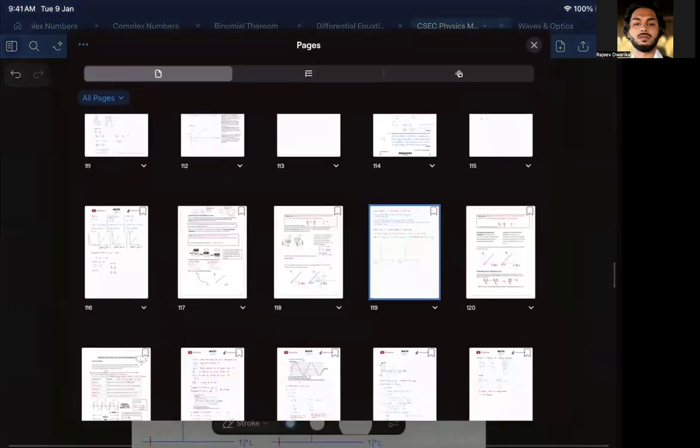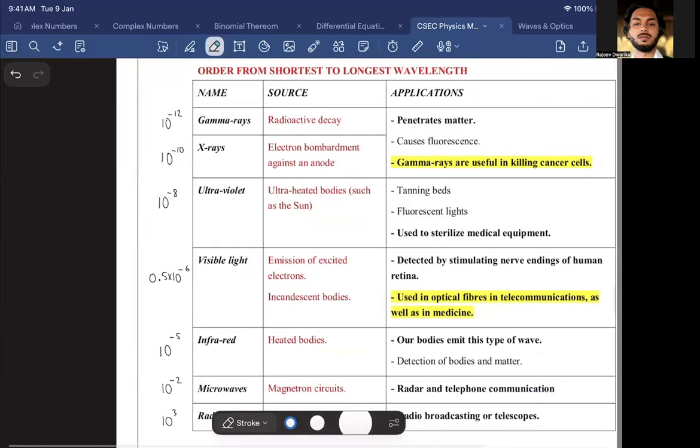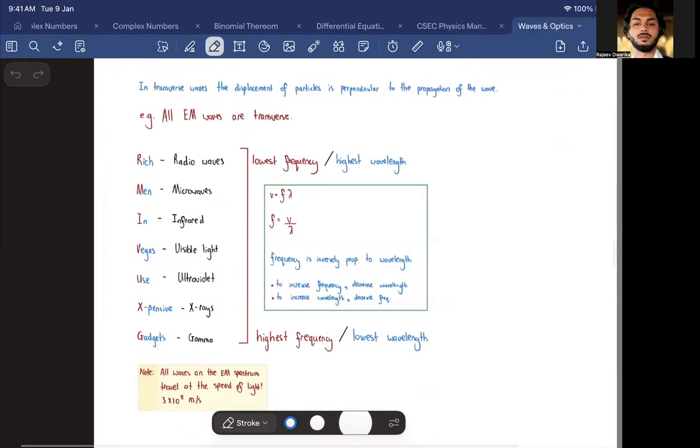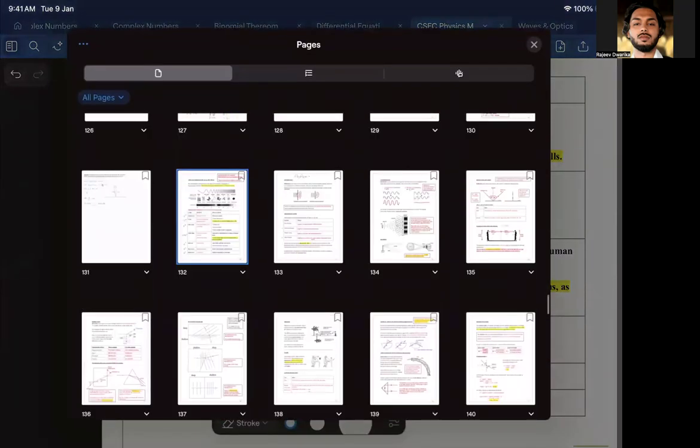Where is it? Yeah, I have it over here. But what I have over there, I believe that is the wavelength. Yeah, so let me put it in. What I'll put in for you guys is the new wavelength.